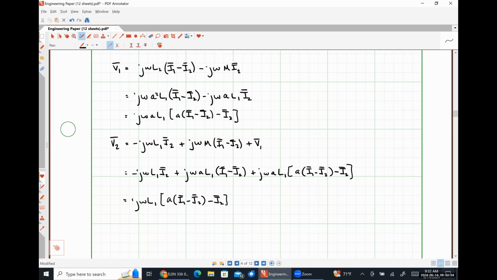That's from our first two terms getting put together. Plus J omega A L1 times A times I1 minus I2 minus I2.